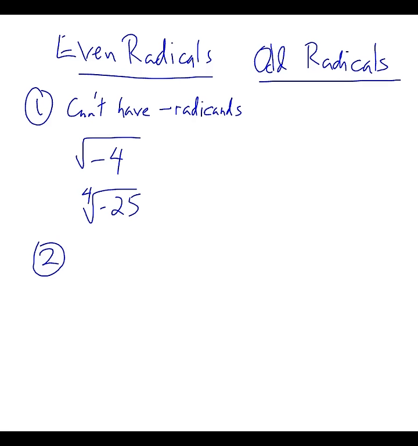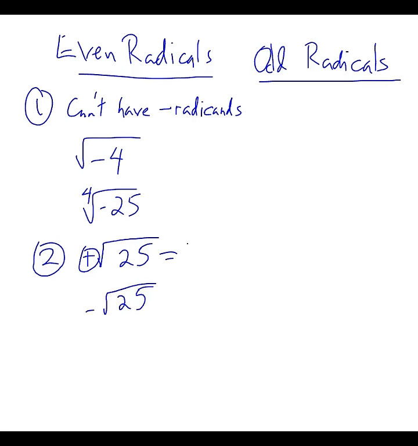Well, in math, we say if I just see this, square root of 25 for even radicals, there are 2 versions. This is actually the positive root. If I just see a plain old square root, that's implied to be positive. If I want the negative version, I'll write that.